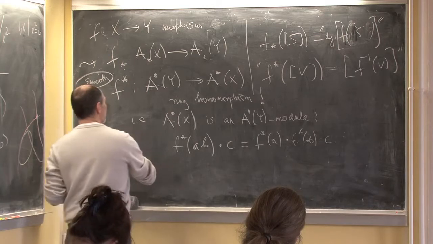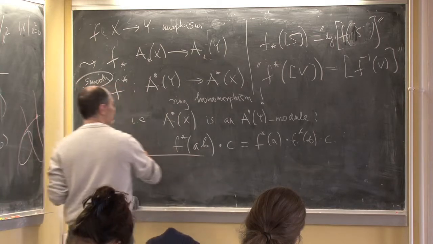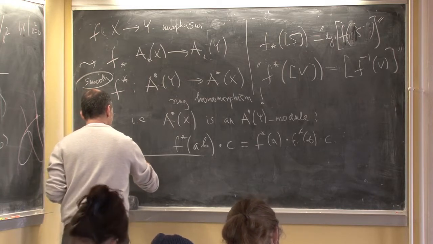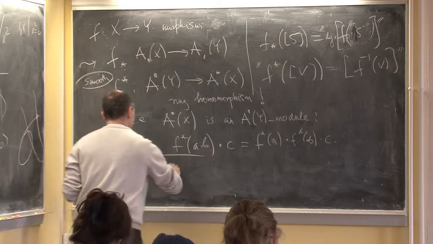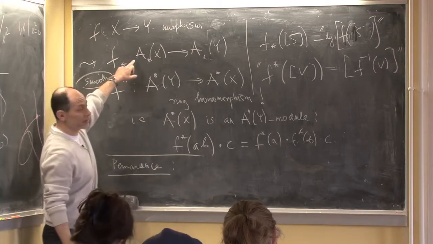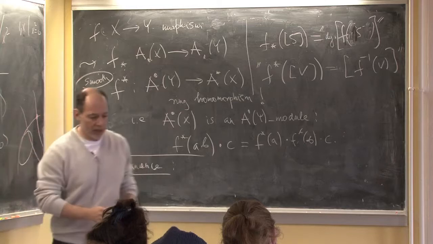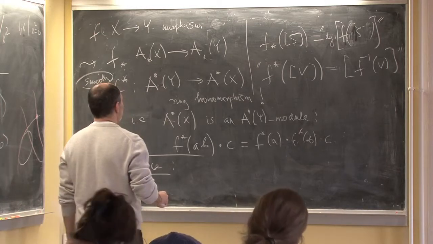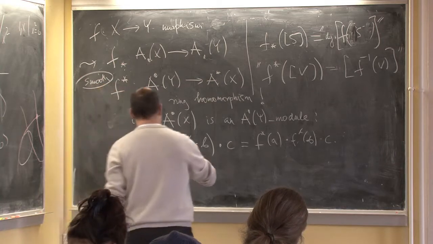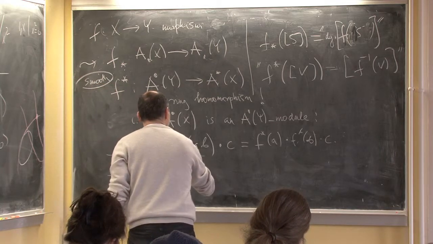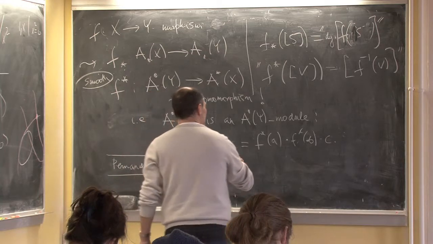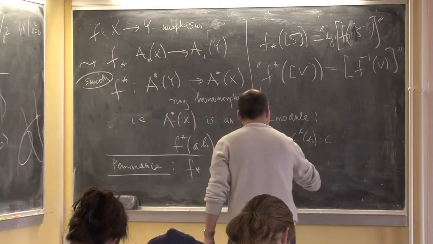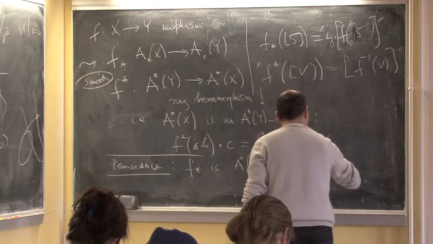So then the projection formula says that f lower star is an A(Y) module morphism.